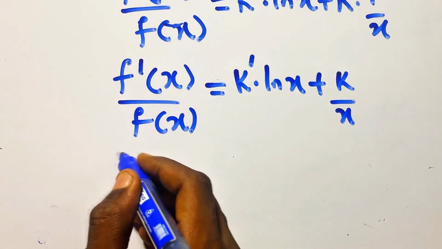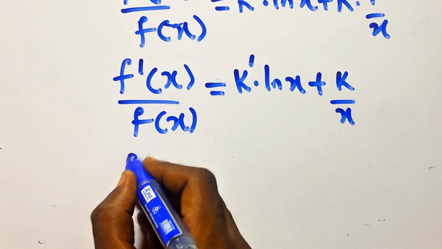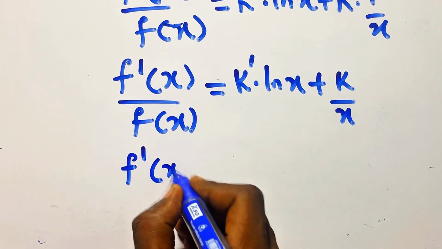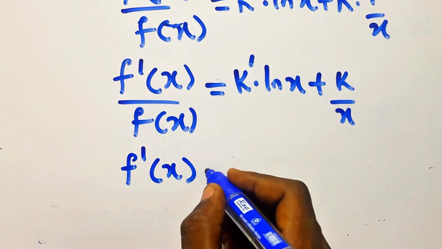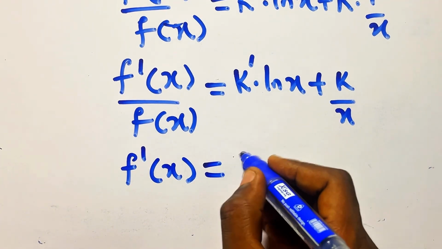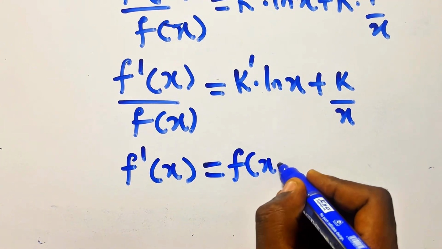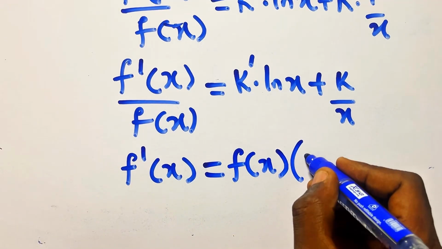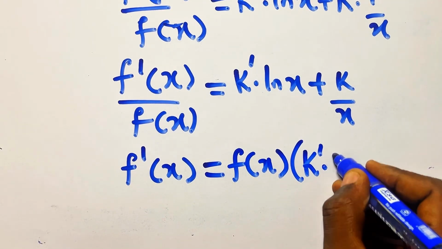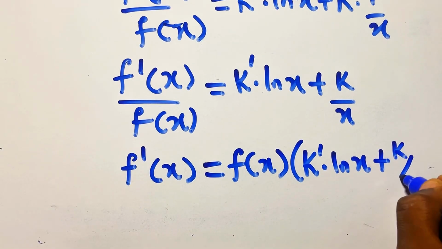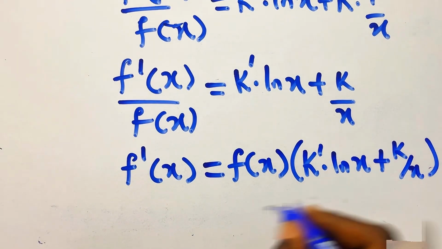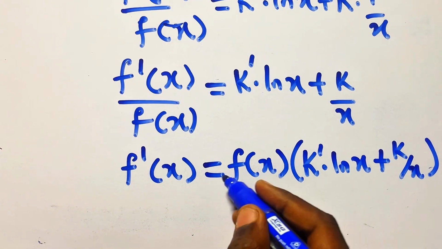Do you understand that? Cross multiplying, we are going to have f prime of x equals f of x multiplied by k prime ln x plus k divided by x.